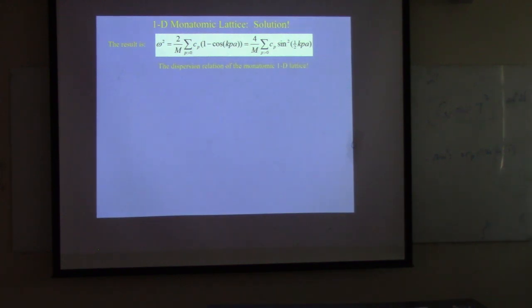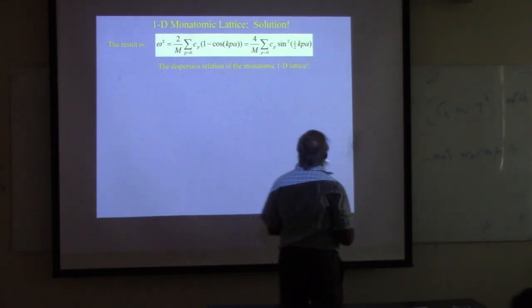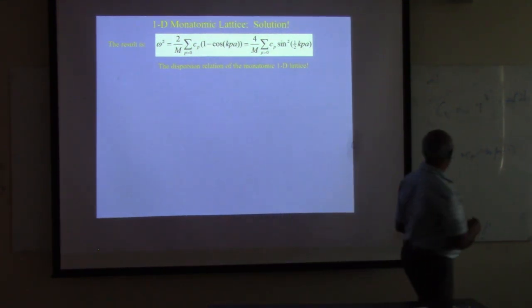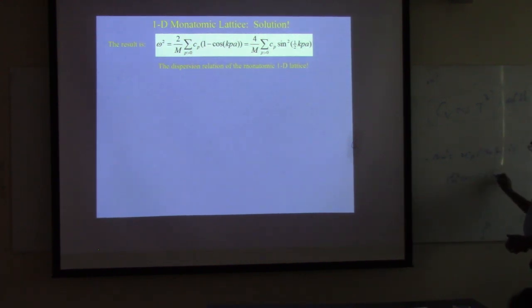Yeah. So here I just wrote 1 minus cos means 2 sine squared half, right? Remember this one, cosine 2x is 1 minus 2 sine squared x. Remember? So that means 1 minus cosine 2x means 2 sine squared half of this one, right?